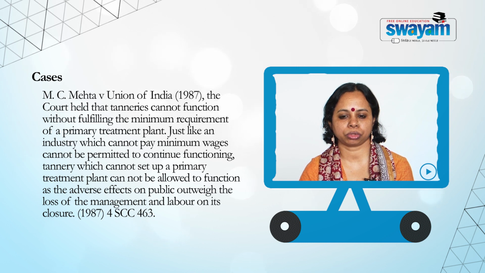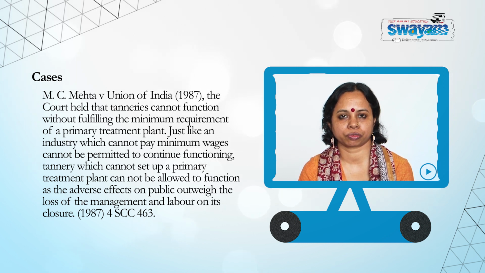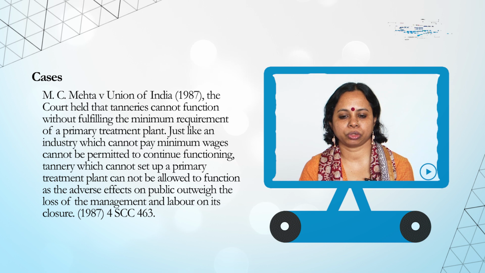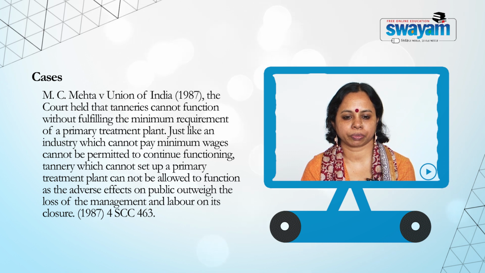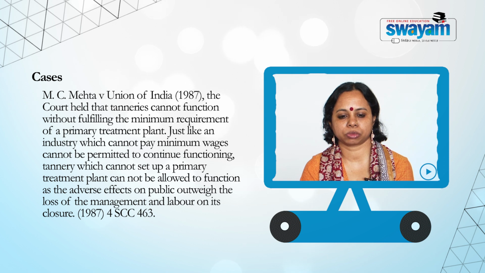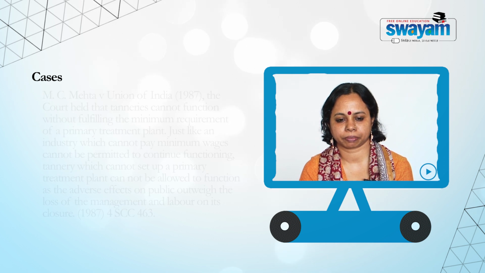So, if you do not have a mechanism to dispose of your waste, then you have no right to run a factory. In that context, the court said, just like an industry which cannot pay minimum wages cannot be permitted to continue functioning, a tannery which cannot set up a primary treatment plant cannot be allowed to function, as the adverse effects on the public outweigh the loss of management and labor on its closure.